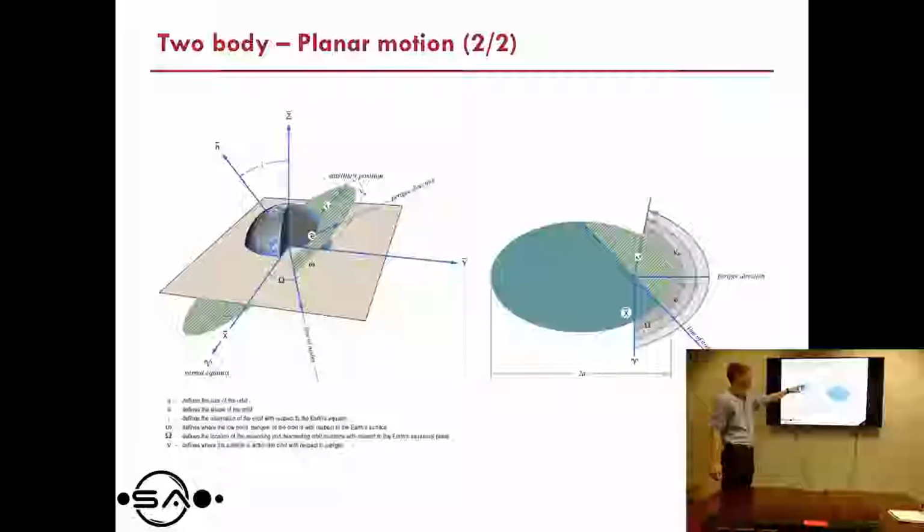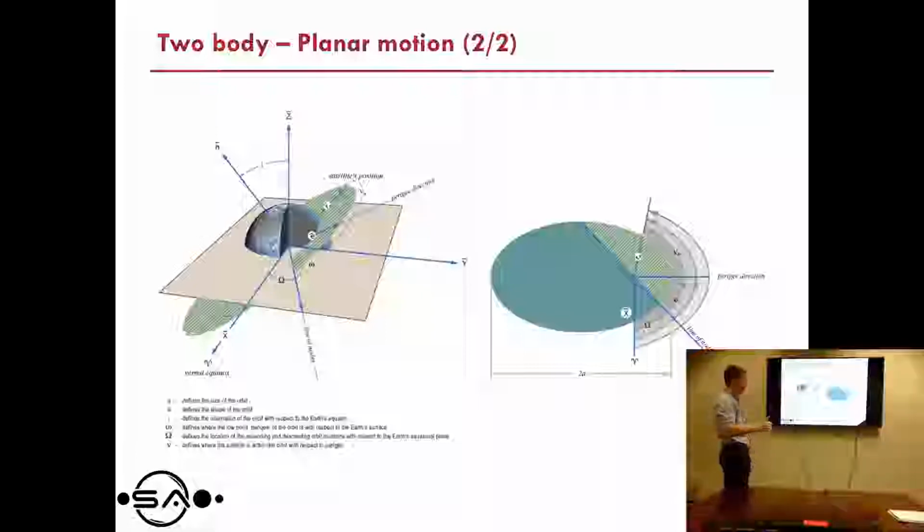And then you can use your argument of perigee and your true anomaly in order to find the satellite. The true anomaly is what we're going to talk about in just a second, because for your Keplerian orbital elements, remember we talked about it initially, we had our semi-major axis, our eccentricity, our inclination, our argument of perigee, our right ascension of the ascending node, or longitude, but we also used the time of periapsis passage.